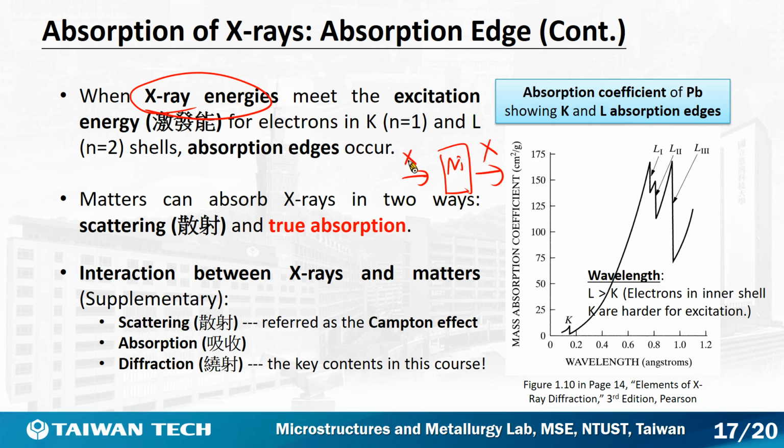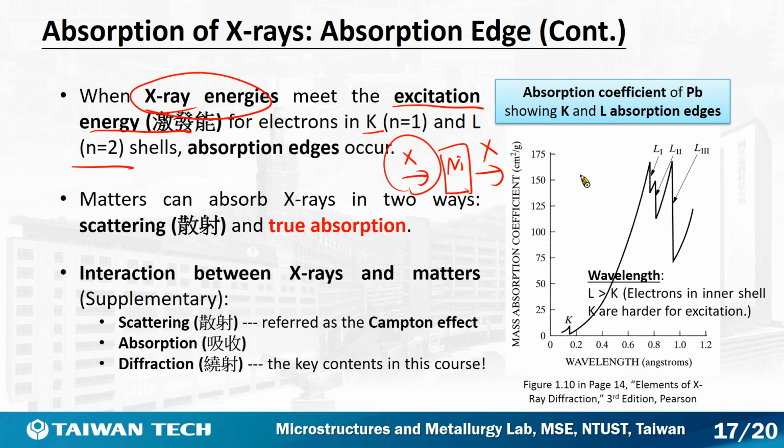If this X-ray energy meets these conditions, for example for the K shell, then the absorption edge would occur. That's what we saw in the previous slide.